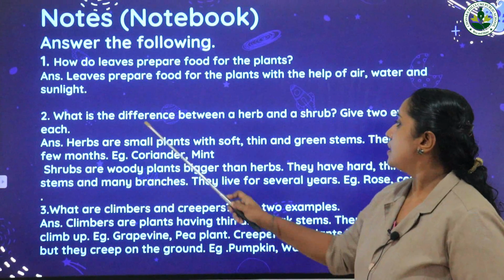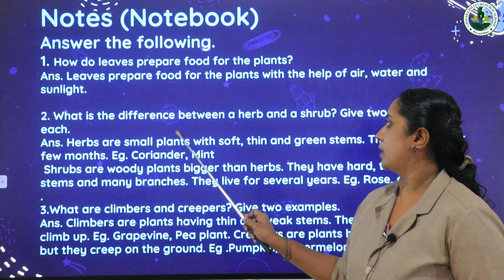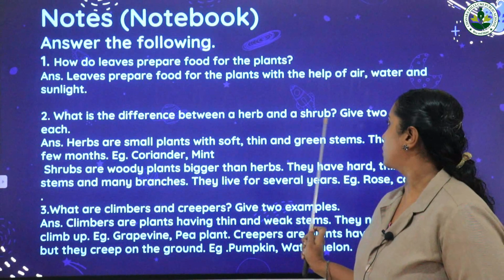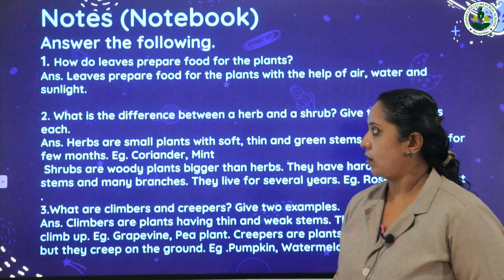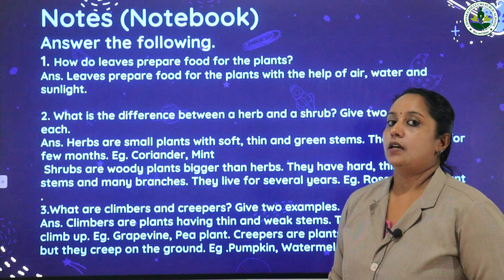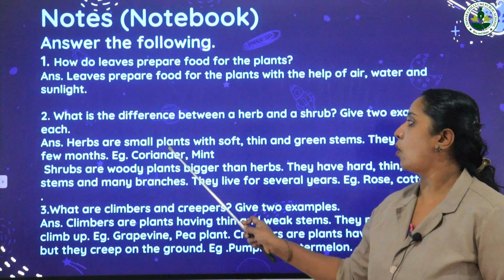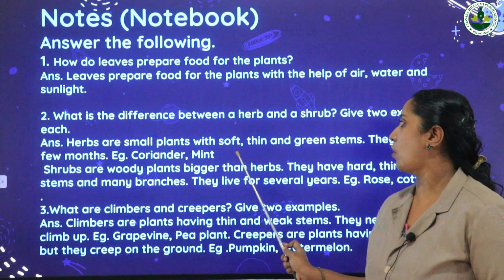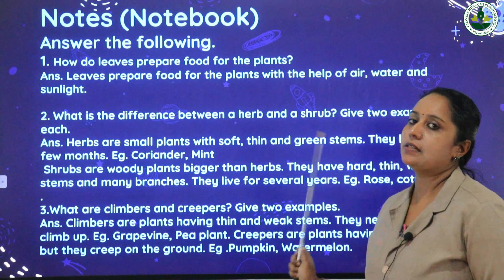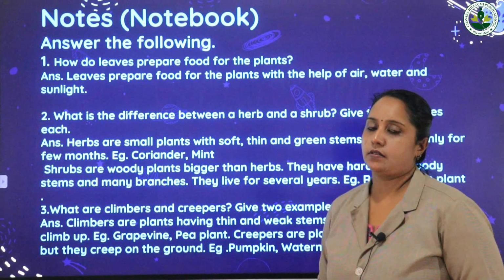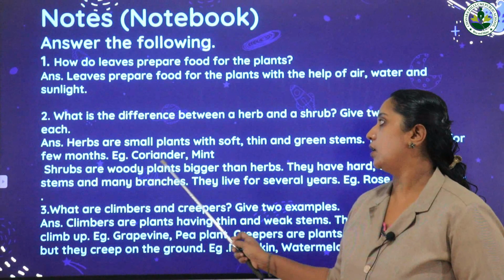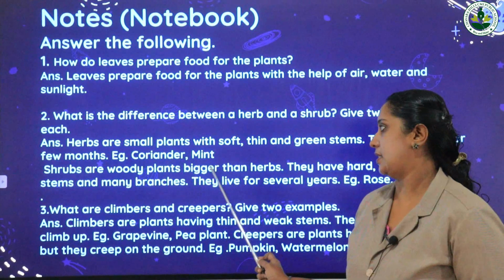Now coming to the second question. What is the difference between a herb and a shrub? Give 2 examples each. Just recall, the answer is herbs are small plants with soft, thin and green stems. They live only for few months. Now examples are coriander, mint.